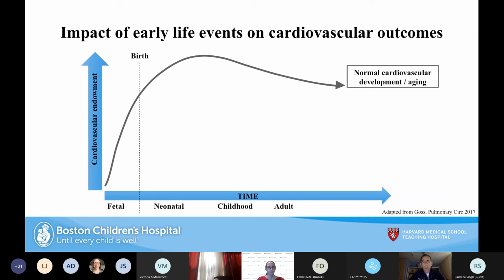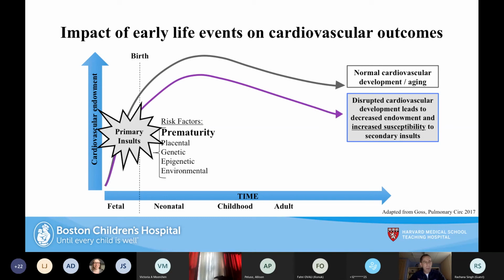So why do I care about the preterm myocardium? Well, what we've learned over time from this figure, specifically from Karagos and Steve Abman, is with cardiovascular endowment on the y-axis, that there's an inherent normal cardiovascular development and aging. But with a primary insult such as prematurity or an insult to the placenta, genetic, epigenetic environment, there could be disruptive cardiovascular development, which leads to a decrease in the cardiovascular endowment and will increase the susceptibility to secondary insults.